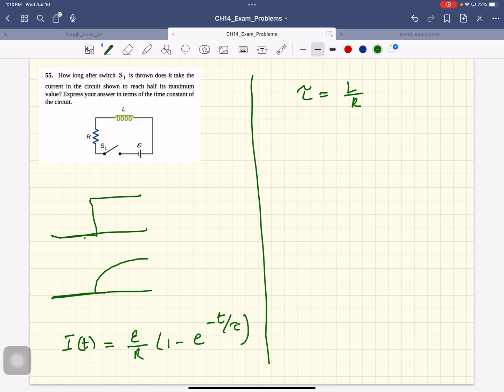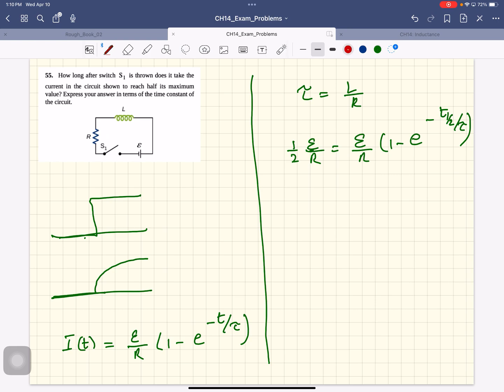So the current is half the maximum value, and again the maximum value is at t equal to infinity, where this goes to 0. The maximum value is E over R. So half the maximum value, half E over R, is equal to E over R times (1 minus e to the power of minus t half over tau).